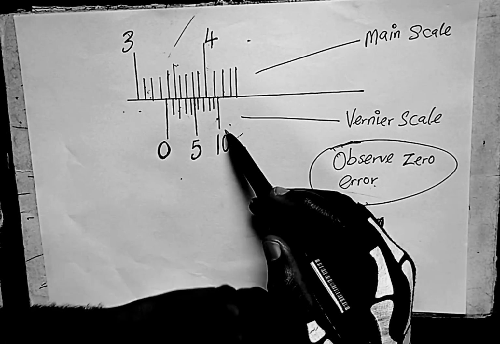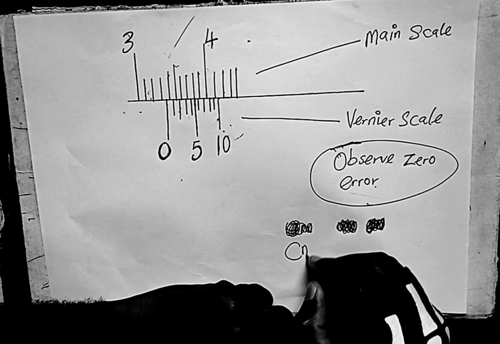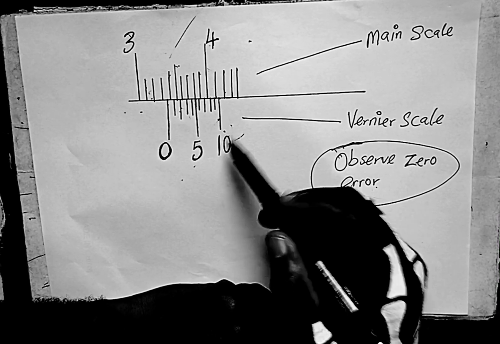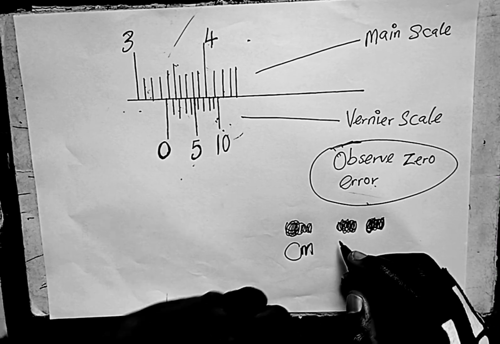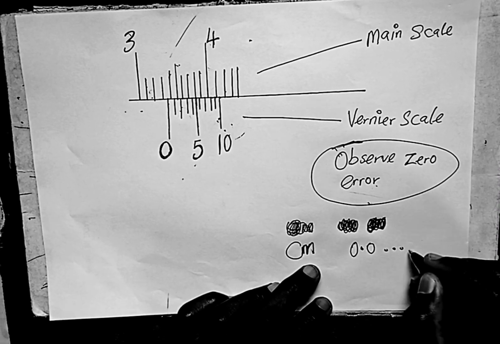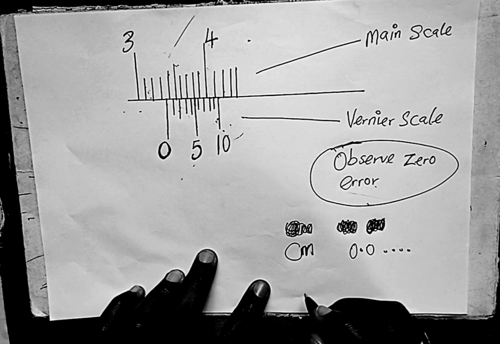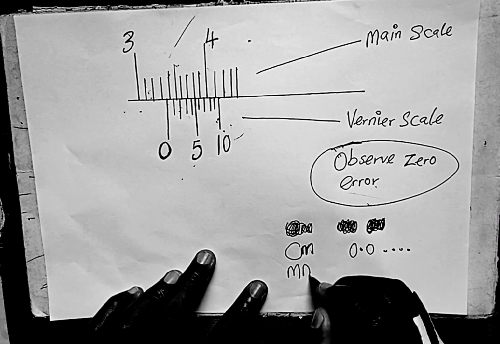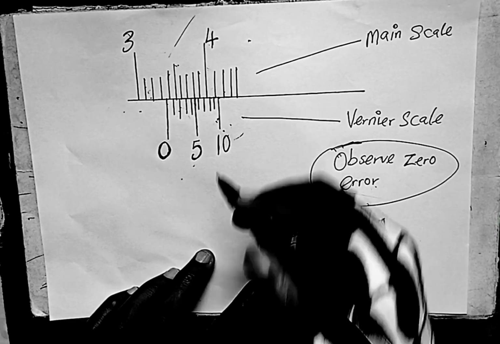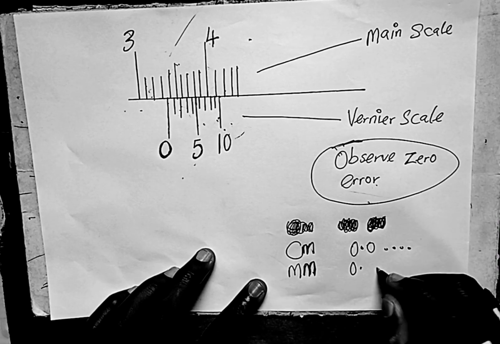If the scale is in centimeter, your Vernier reading, when you are reading this Vernier scale, should be in the form 0.0 something. But if you are reading in millimeters, whatever you get here should be in 0 point something.